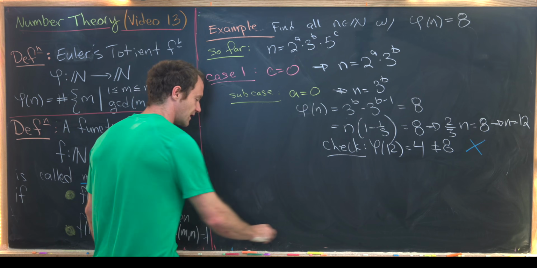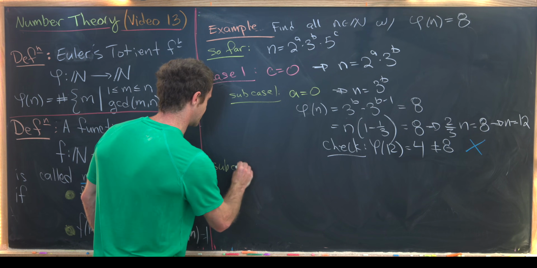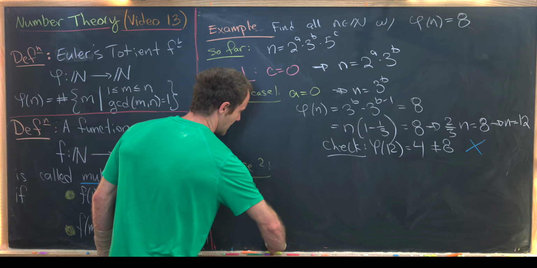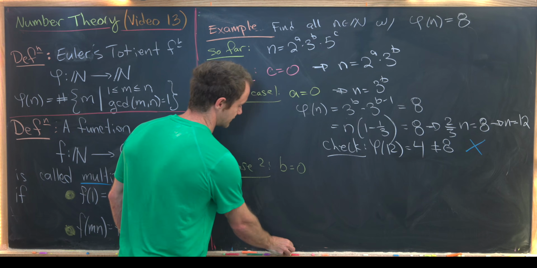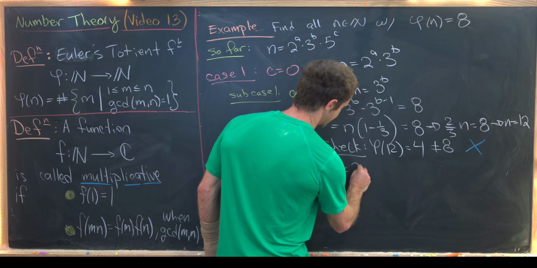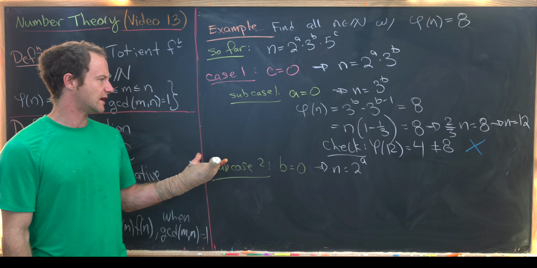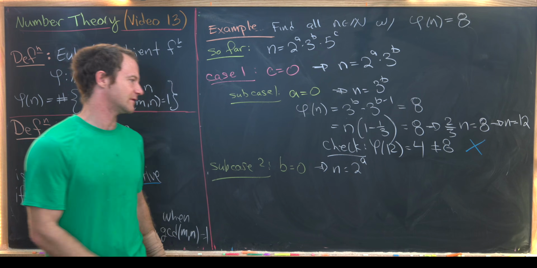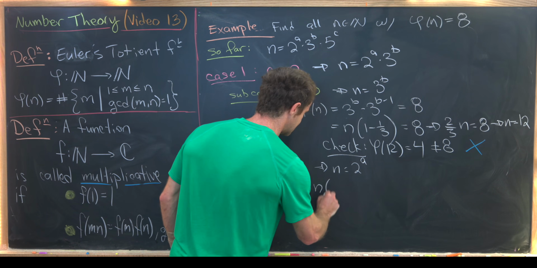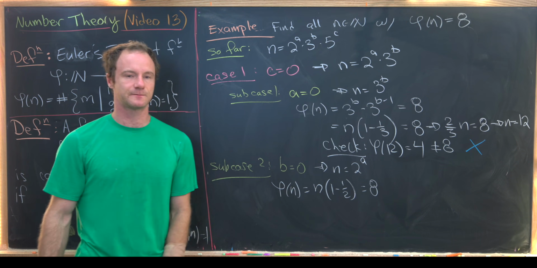Okay, so now let's move on to our second subcase. I'll call that subcase 2, and that will be when b is equal to 0. So in other words, n is a power of 2. It's 2^a. Okay, so now we can do essentially the same thing that we did before. We know phi of n is equal to n times (1 minus 1/2), but it's also equal to 8.